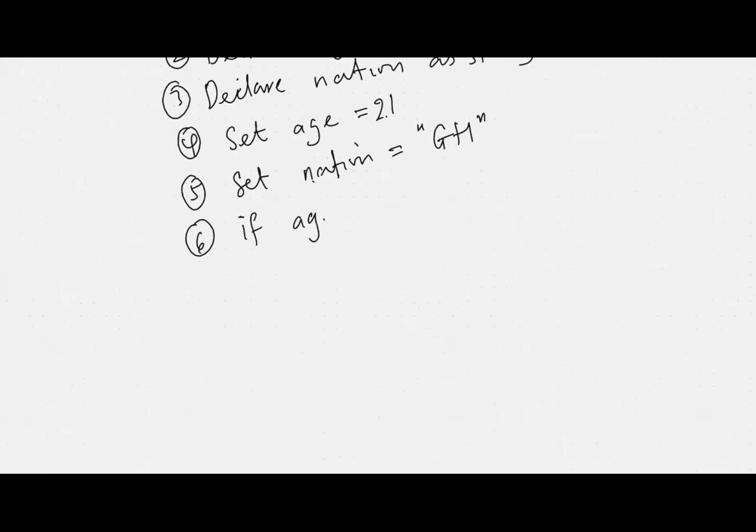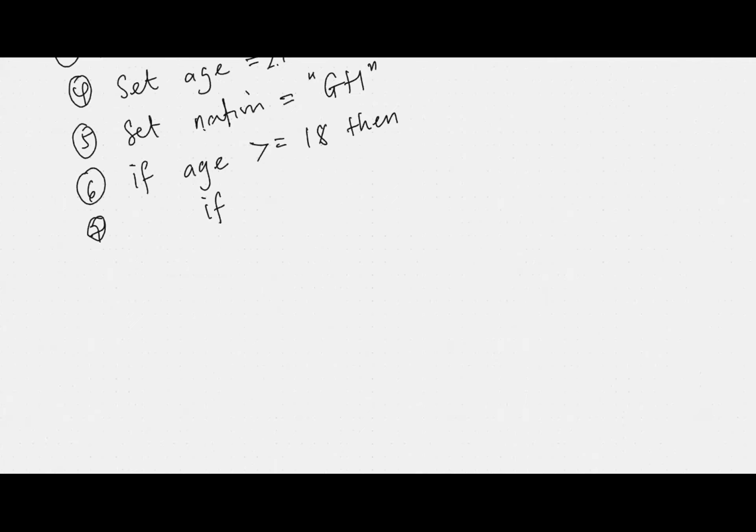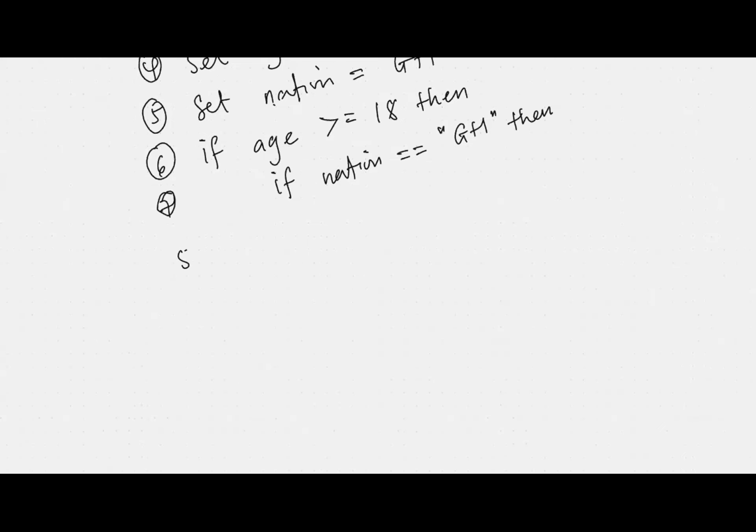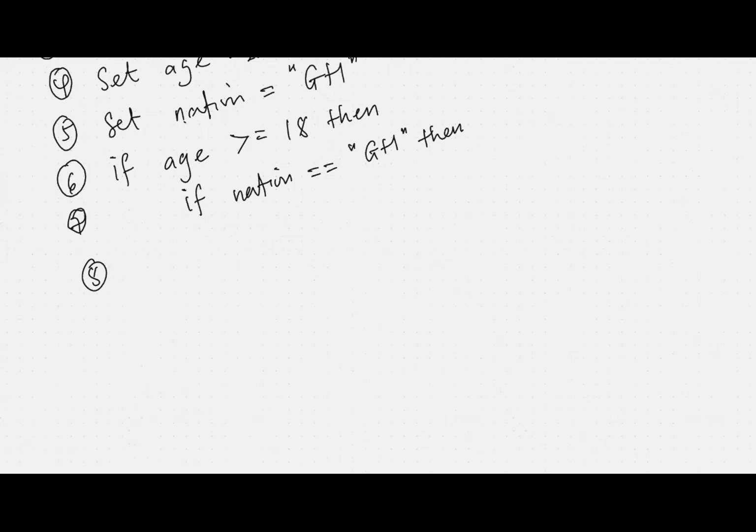If they are 18 years or older, then number 7, we want to check whether the nation is equal to GH, then we do number 8, which says write eligible.